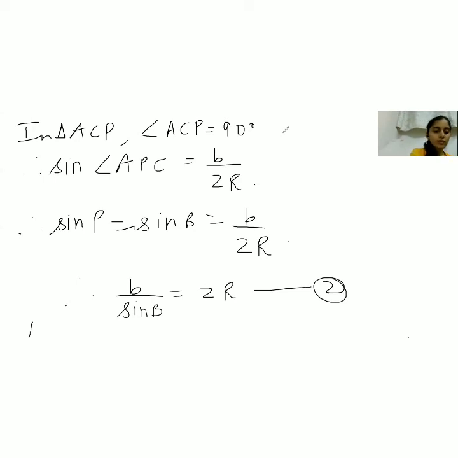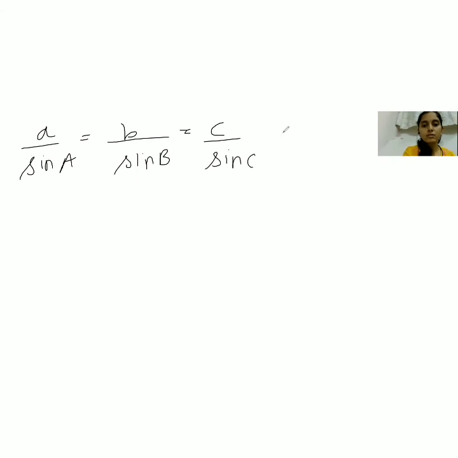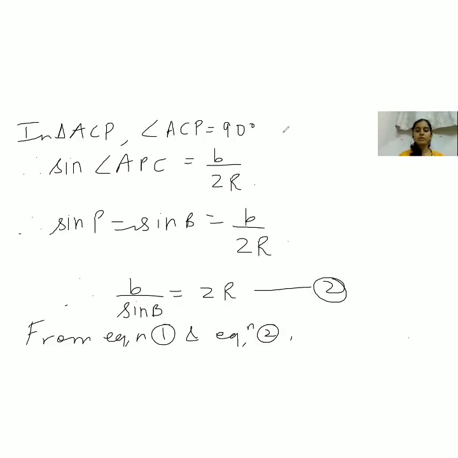And then from equation 1 and equation 2, we can write that a upon sine A is equal to b upon sine B is equal to c upon sine C equal to 2r. Any one ratio you have to prove equal to 2r, like I've proved b upon sine B as 2r.